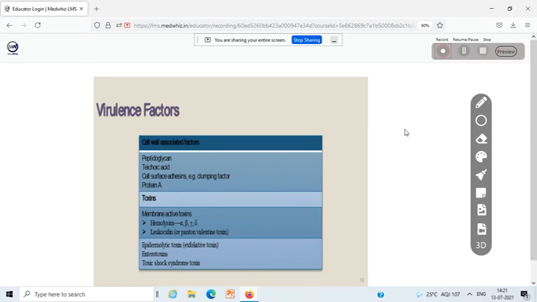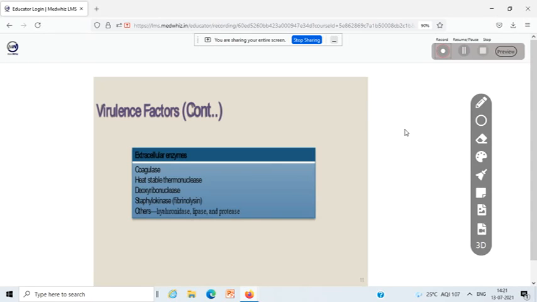Cell wall associated factors include peptidoglycan, teichoic acid, cell surface adhesins, and protein A. The toxins include membrane active proteins like hemolysins alpha, beta, gamma, delta, leukocidin or Panton-Valentine toxin, the epidermolytic toxin or exfoliative toxin, enterotoxins, and toxic shock syndrome toxin.